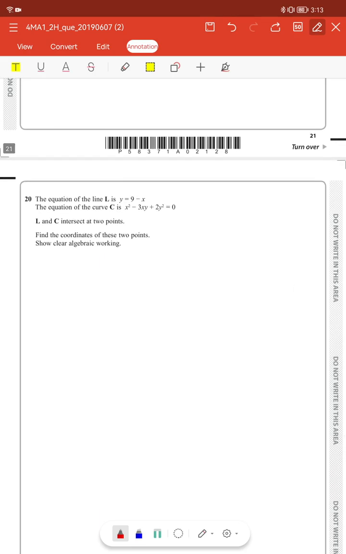The equation of L is y equals 9 minus x, and the equation of the curve C is this. They intersect at 2 points. So what we're going to do is sub in this for everywhere we see y. We're going to get x squared minus 3x times 9 minus x plus 2 times 9 minus x squared equals 0.